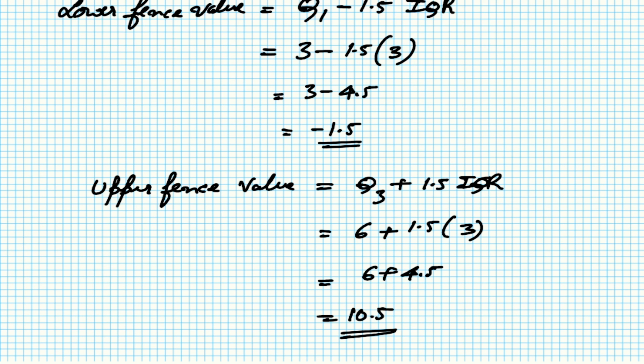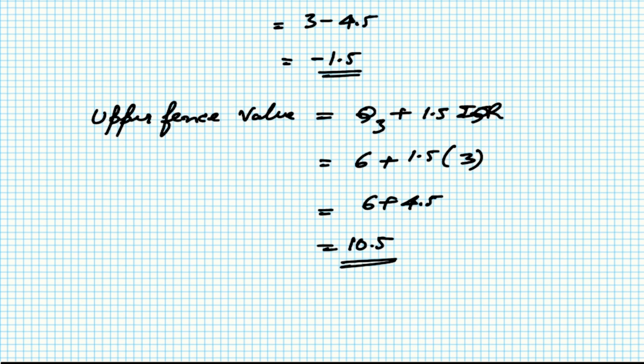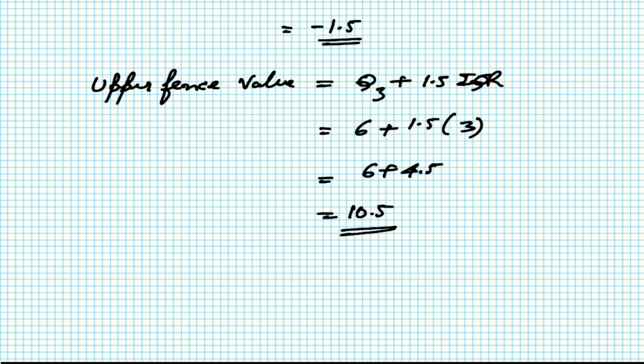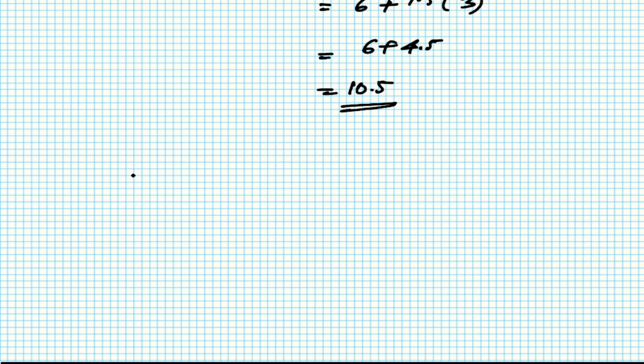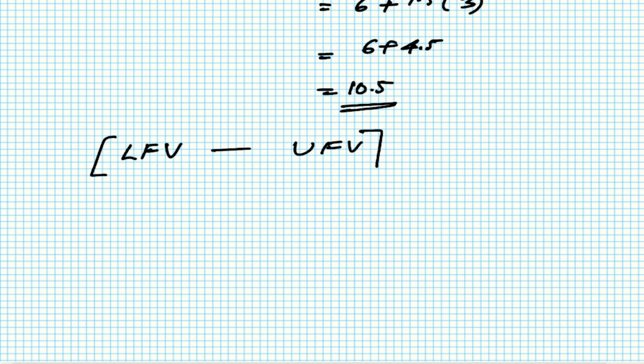Okay, now let me write the usage. How do I proceed calculating, identifying the outlier? Let me write the lower fence and the upper fence value. So lower fence value to the upper fence value, sorry.